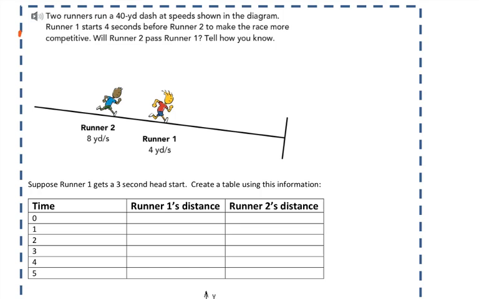Let's go ahead and write that down. So runner 1 ran 16 yards before runner 2 starts.